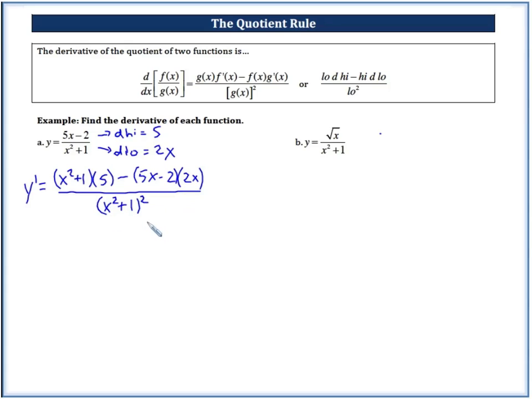Alright, so we've applied the rule. From here now, this becomes purely algebra. Our calculus part is done, and now we just have to simplify this. In the numerator, we're going to distribute the 5 and get 5x squared plus 5. And then this one is going to be, let's see, minus 10.